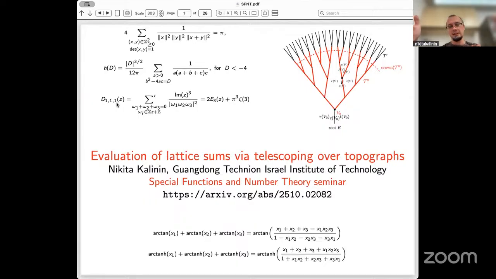And you also take a sum, you have conditions for vectors, and then you take something with denominators of the modulus of these vectors. But the conditions are more complicated. And there are hundreds of articles about that, and there are a lot of relations of zeta values and Eisenstein series and many other things.